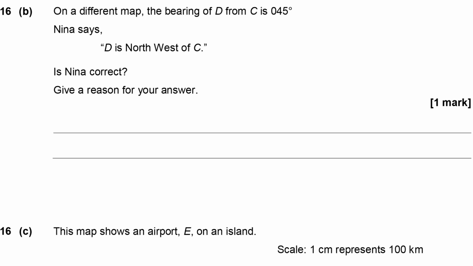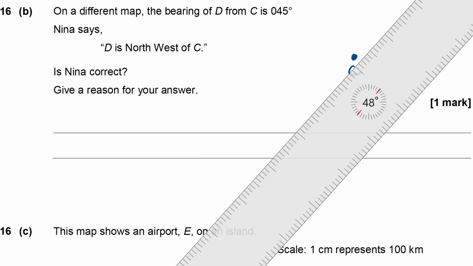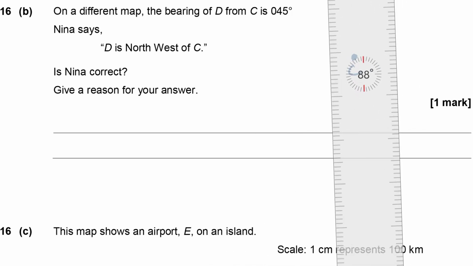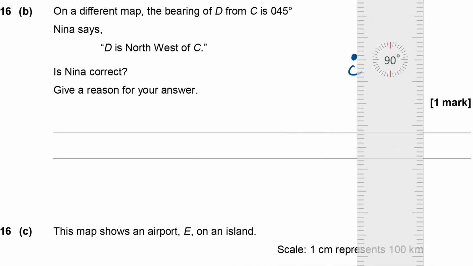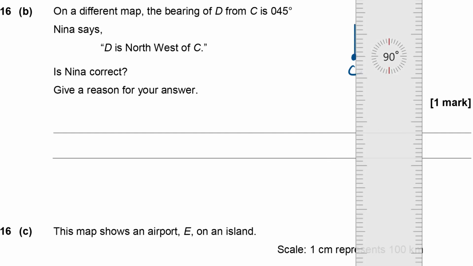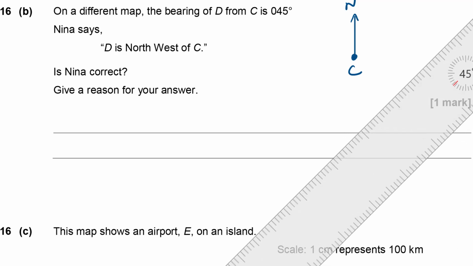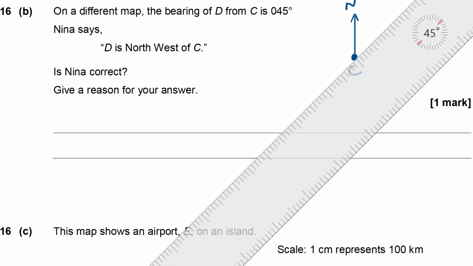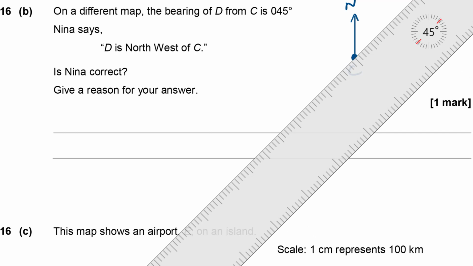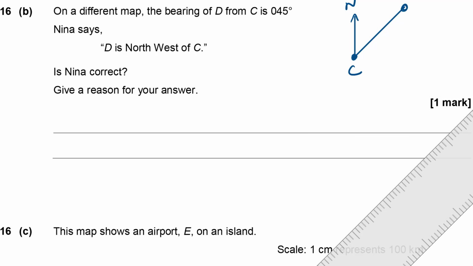If we have the point C and we draw a north line coming up from C, then the bearing of 045 degrees is a 45 degree angle taken from that north line. 45 degrees is half a right angle, so you can see on my ruler it's saying 45 degrees, and it's in that direction there. So D is going to be somewhere up here.